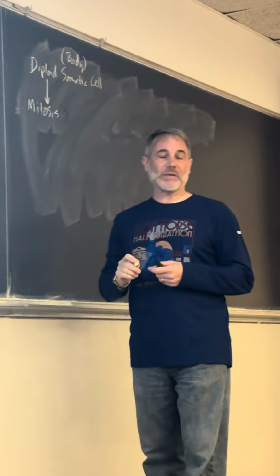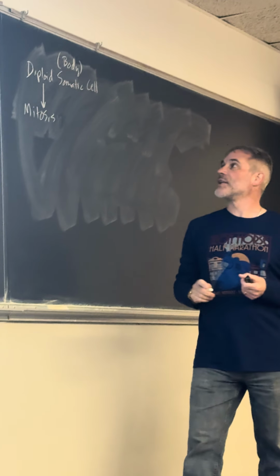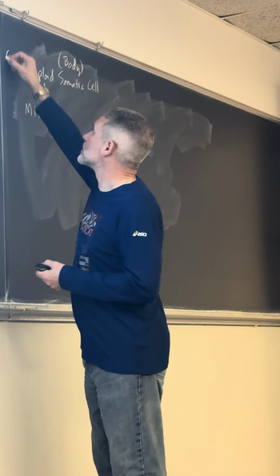So we take a diploid somatic cell, which has 2 copies of all our chromosomes. A good way to think about diploid cells is to call them 2N. N is a number we're going to throw around a lot when we talk about meiosis and genetics in general.